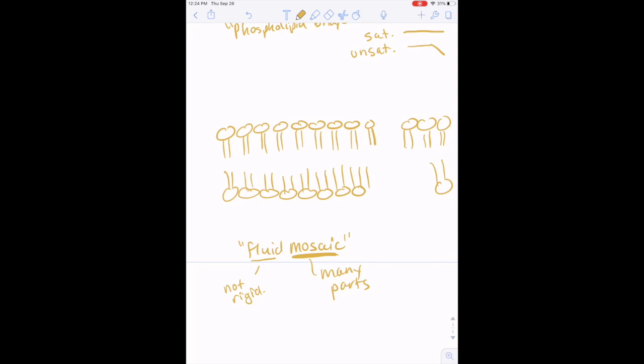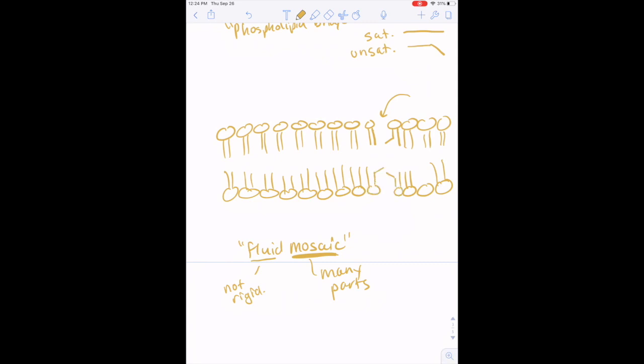You can have phospholipids where they'll have maybe one saturated fatty acid and then one unsaturated fatty acid that puts a bend in it. Can you see that it makes a little bit of a gap in the cell membrane? It does.